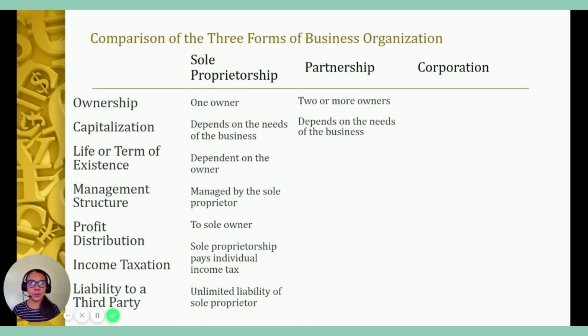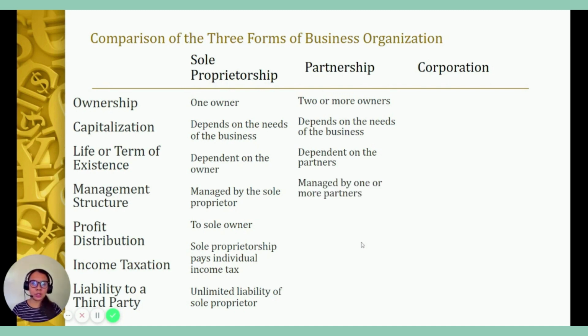Or if they want to, let's say, open a professional partnership, say for example for dental services, then they might have to invest more to buy those expensive equipment used in a dental clinic. And the life or term of existence of the business is dependent on the partners. Its term of existence may be any period of time stipulated by the partners.